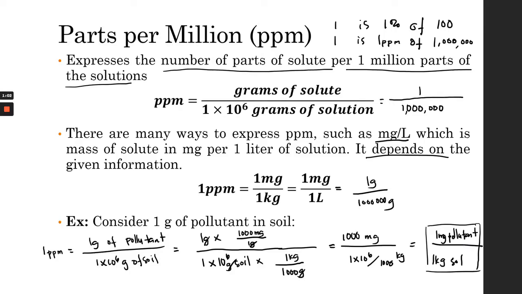Okay, so it's just conversion of units. So 1 ppm is equal to 1 mg over 1 kg, or 1 mg over 1 liter, or 1 gram over 1 million grams.